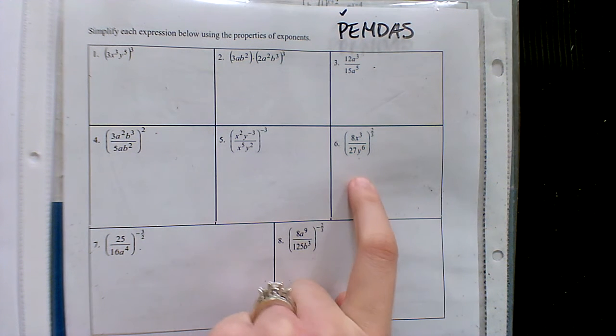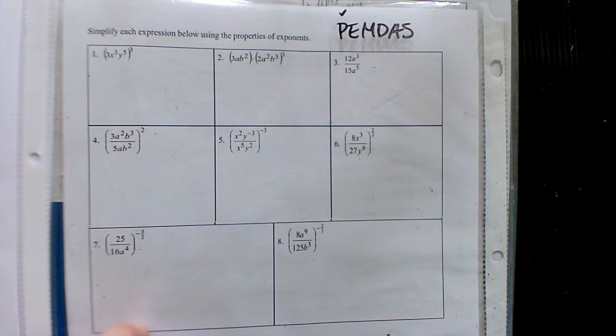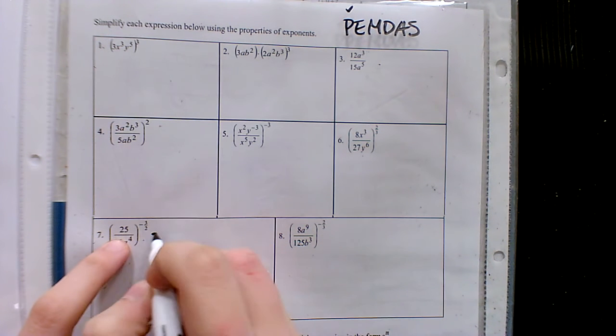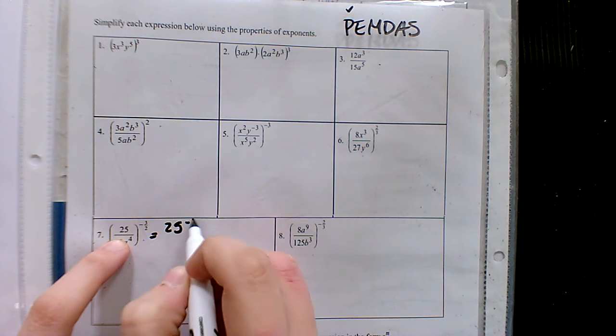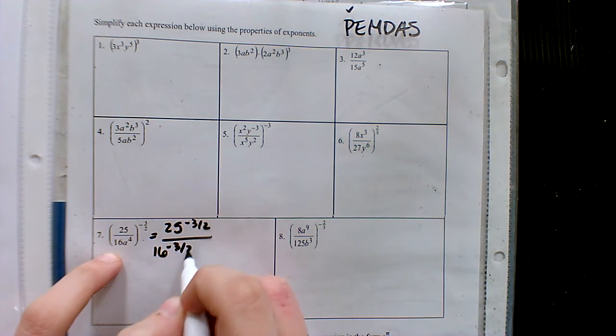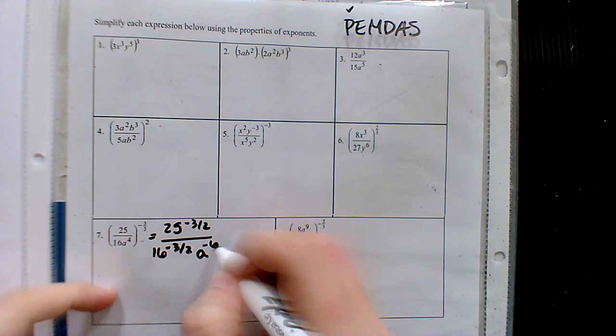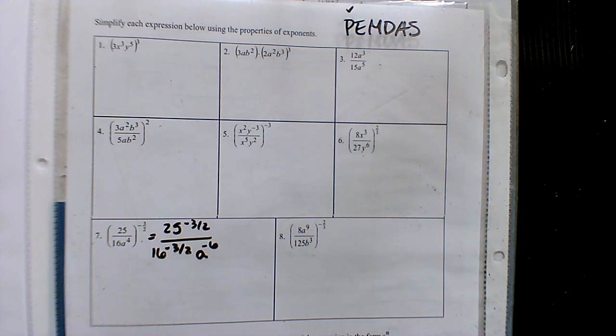Maybe look back to 6 from Tuesday. Kind of distribute it in. Okay, so this would be 25 to the negative 3 over 2, 16 to the negative 3 over 2, and then a, we get negative 12 over 2, which would be negative 6. So we're going to distribute it in to every power.